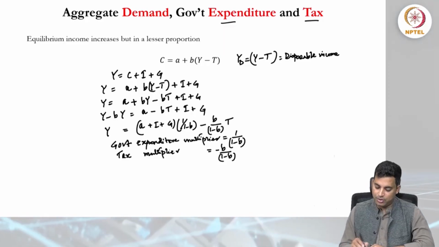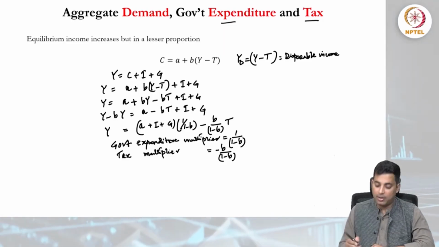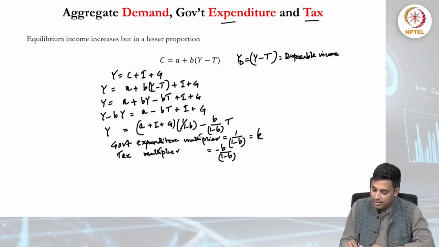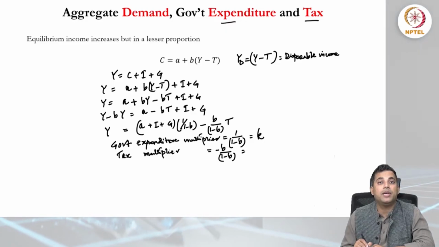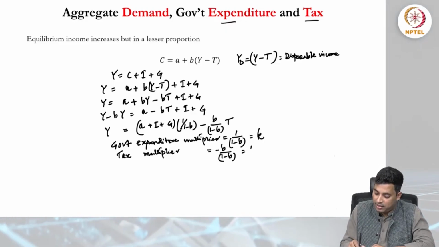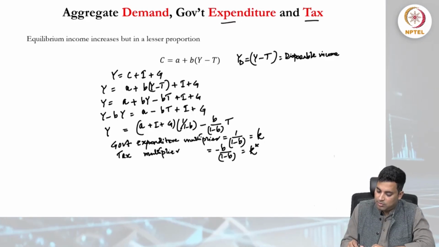As we already know, 1 by 1 minus B we can write as k just for our reference, and minus B by 1 minus B we can write as k star.